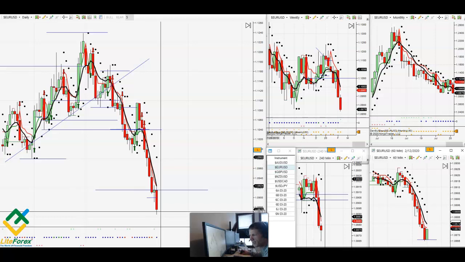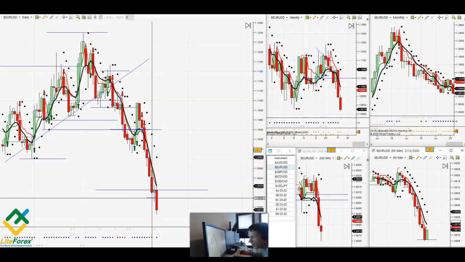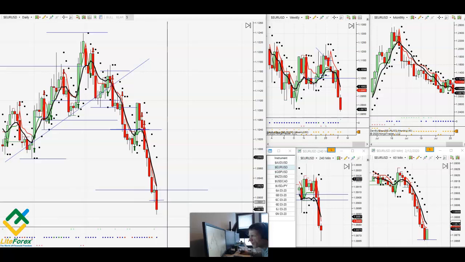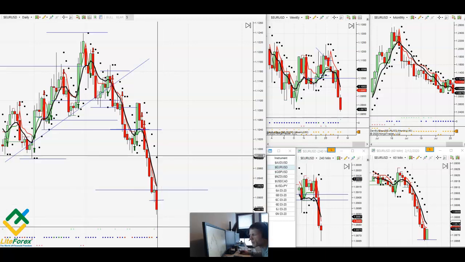Looking at this, I'm expecting a bit of a rebound tomorrow. Let's look at the center line here of today's candle, roughly 1.0894. Let's see if it can pull up to that price and possibly break it.